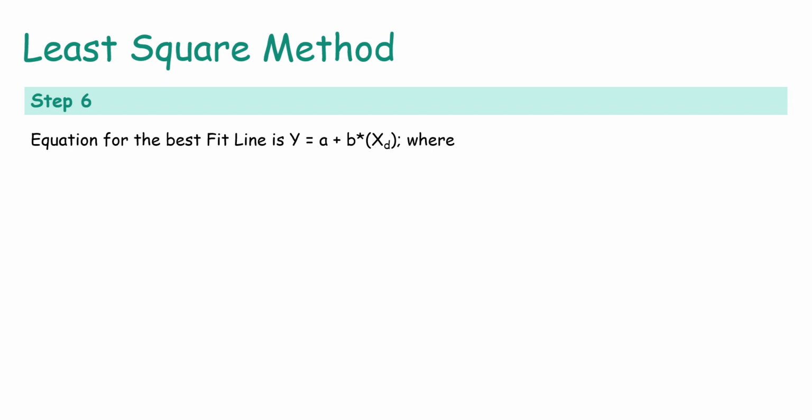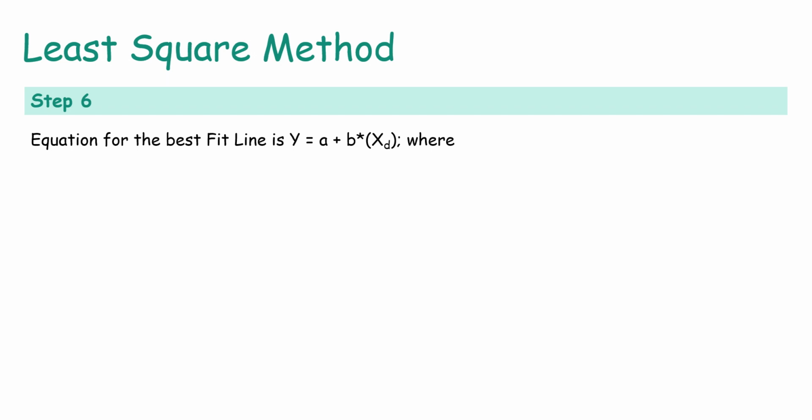Instead of x we will be using the deviation value, right, xd, which we have computed by finding the average of x values and then subtracting it from individual x values. So that's xd. So y is equal to a plus b into xd.